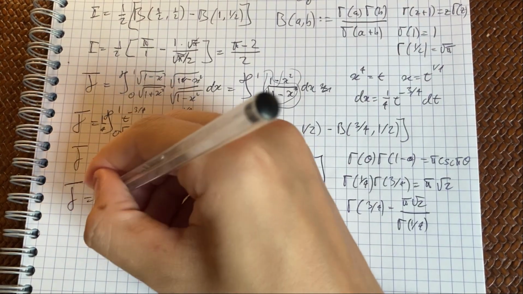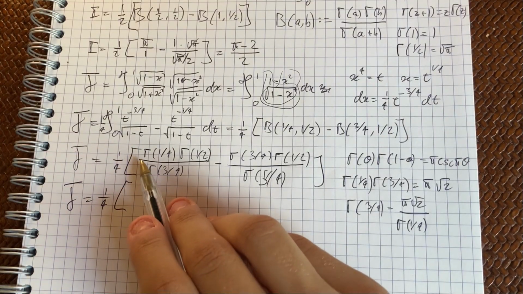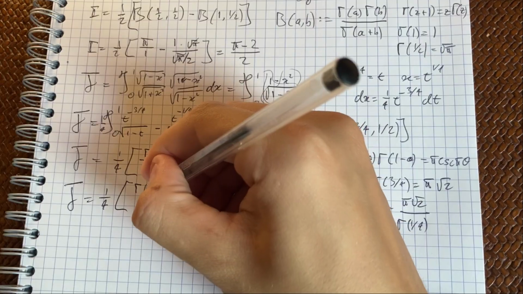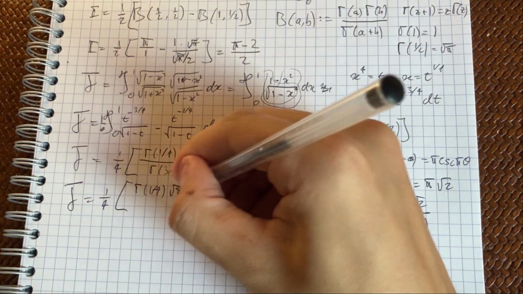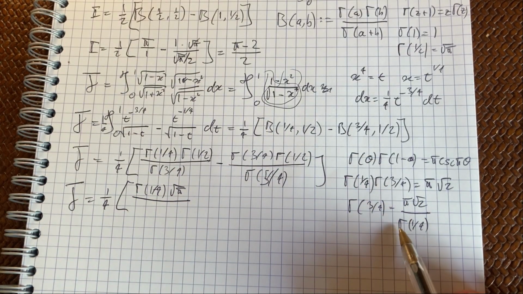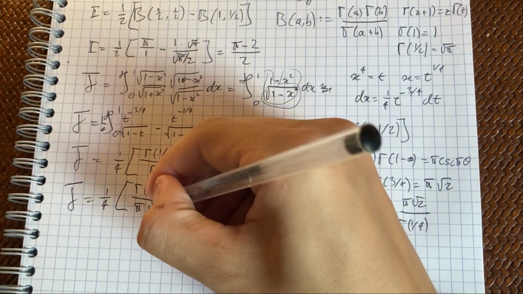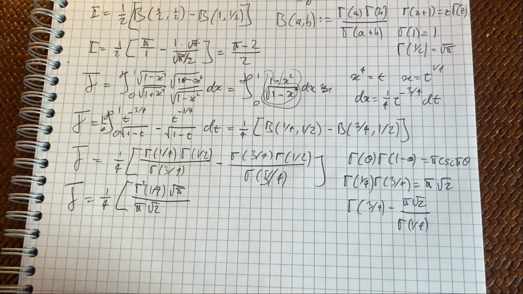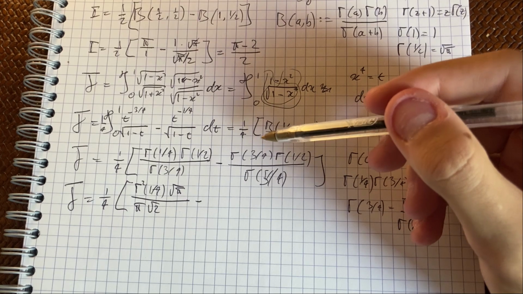So j equals 1/4 times gamma 1/4 square root pi, all divided by pi square root 2 divided by gamma 1/4, which is pi square root 2, and in here we put gamma squared of 1/4. Here we have the opposite thing.